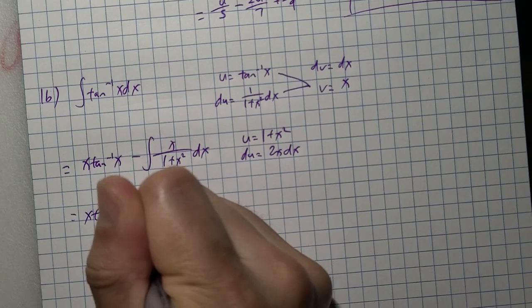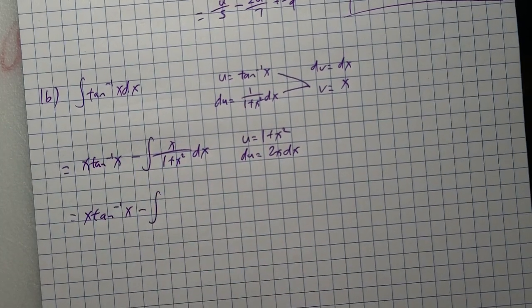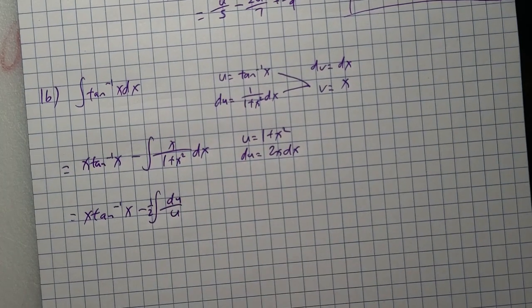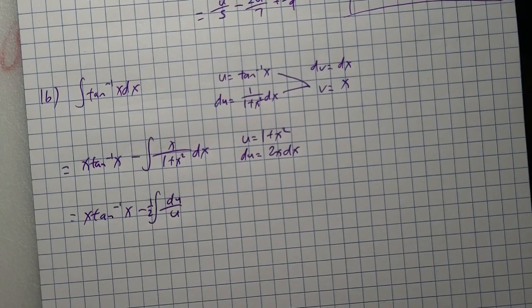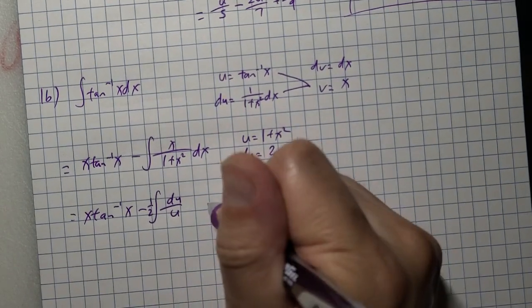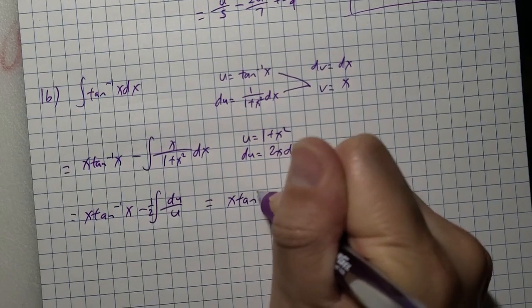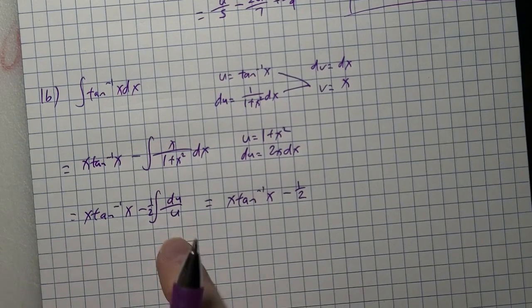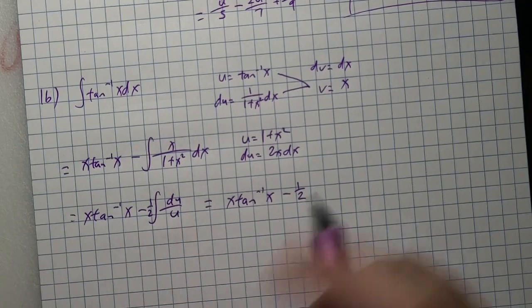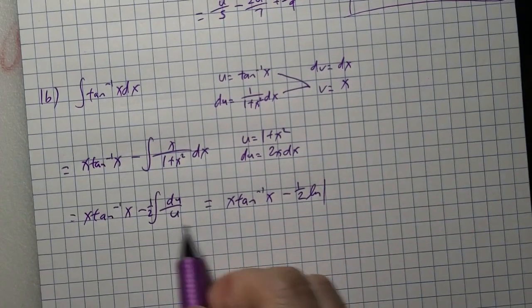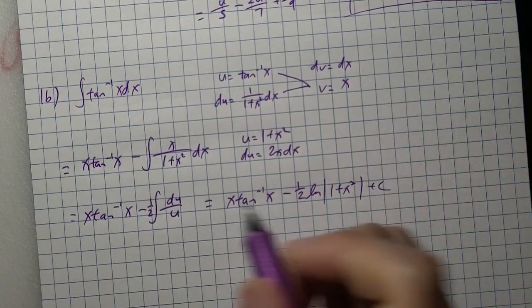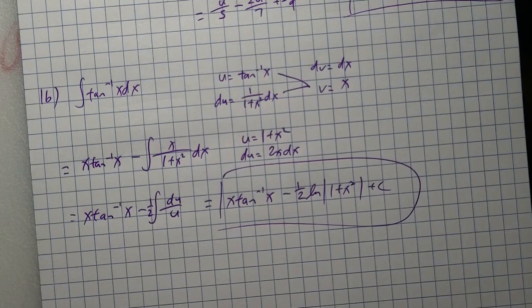So this would be minus the integral of half du over u. So this is just x arctan x minus half. This would just be the log, and that log of u is log of 1 plus x squared, plus c. I'm doing 2 steps in 1. That's our answer. As simple as that.